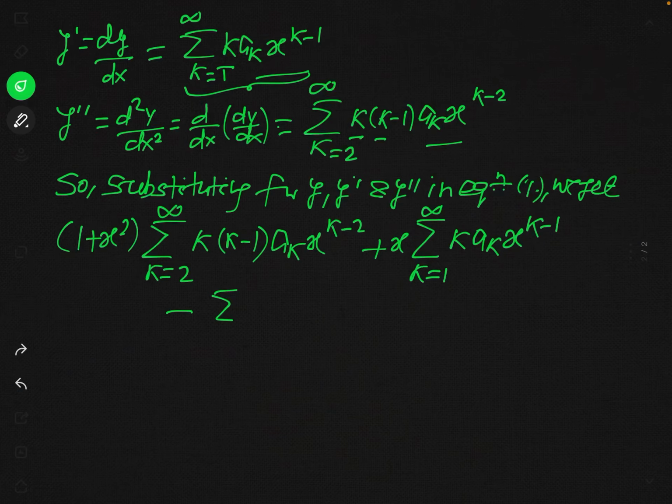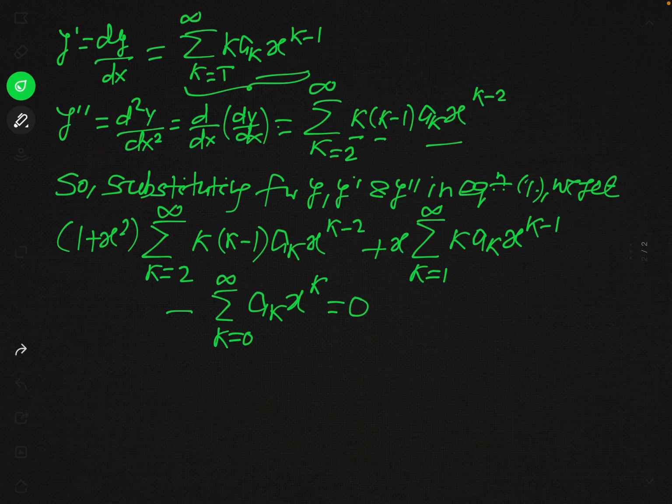So in place of y we will write summation k from 0 to infinity ak x to the power k, and this equals 0.